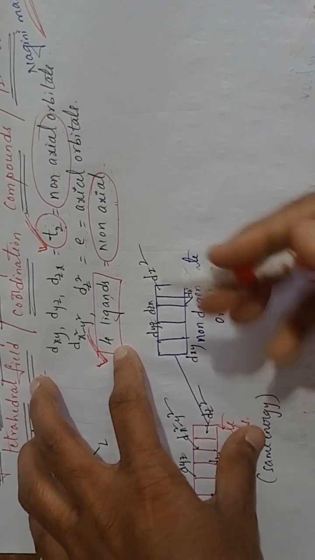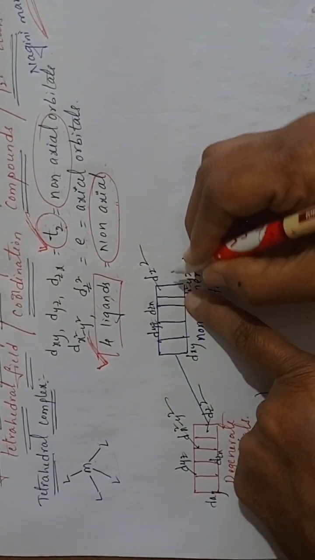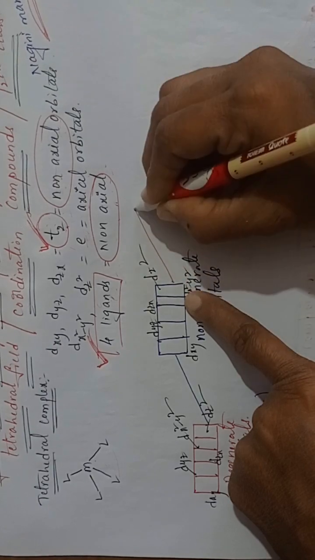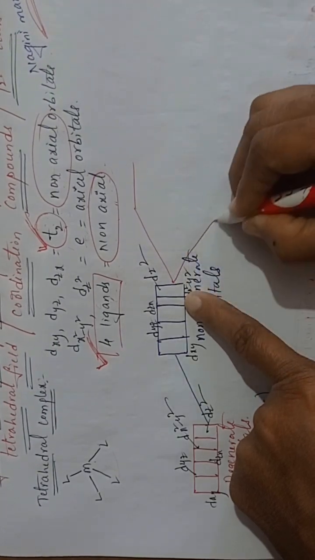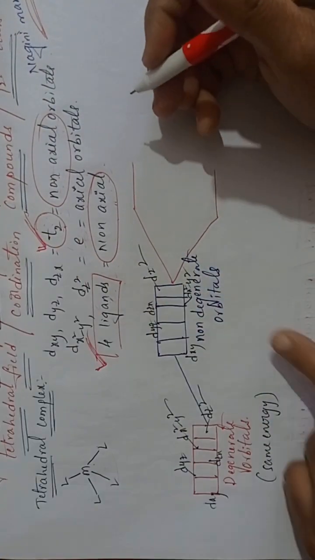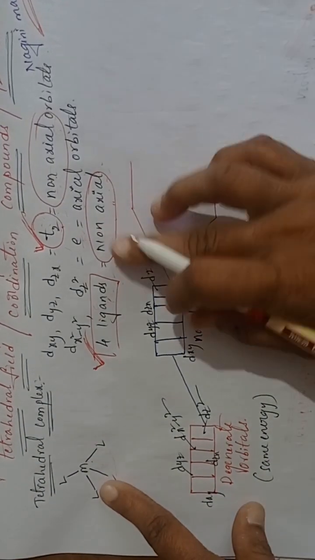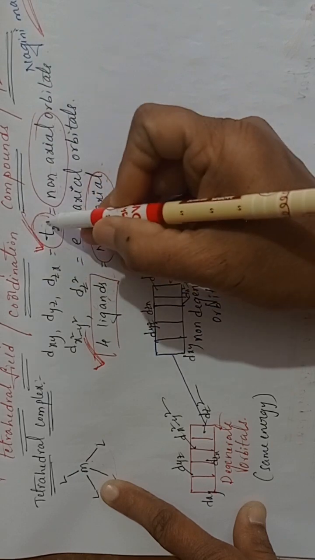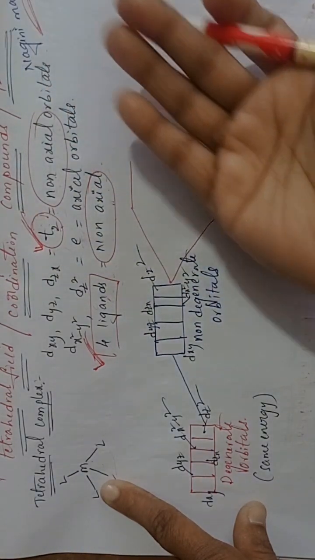Now these total 5 d orbitals are split into two sets. First one is, see here, the ligands and the T2 orbitals are in the same plane. So that means the T2 orbitals' energy rises, they will go up.